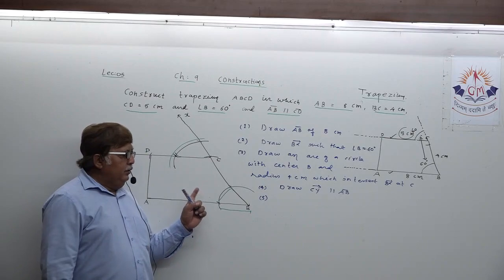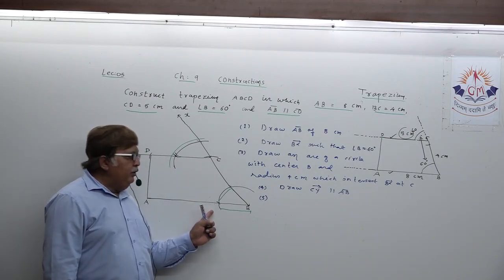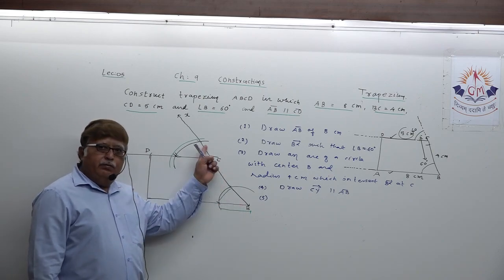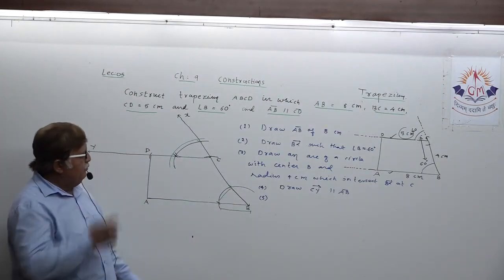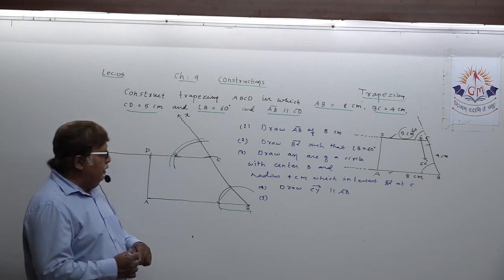First, draw AB of 8 centimeter. Draw ray BY such that angle B equals 60 degree. Taking B as center, steps are done.